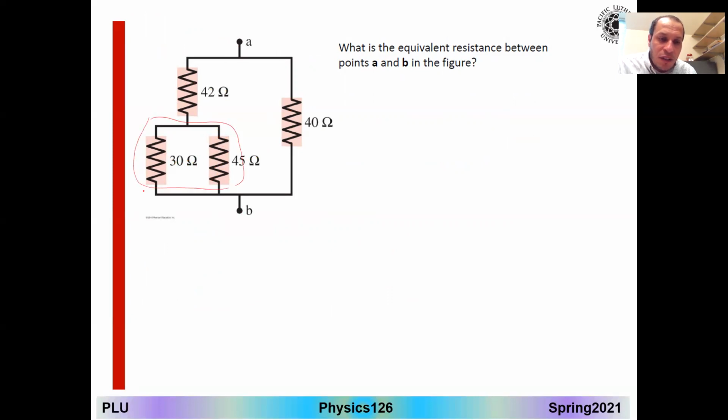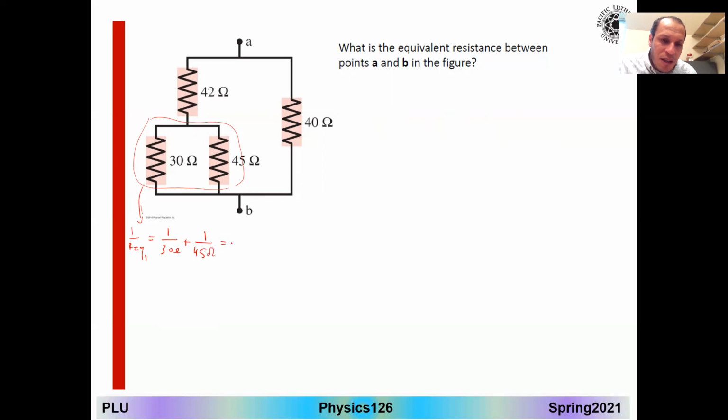The equivalent resistor for this one, let's call it R equivalent 1, is 1 over R equivalent 1 equals 1 over 30 ohm plus 1 over 45 ohm.